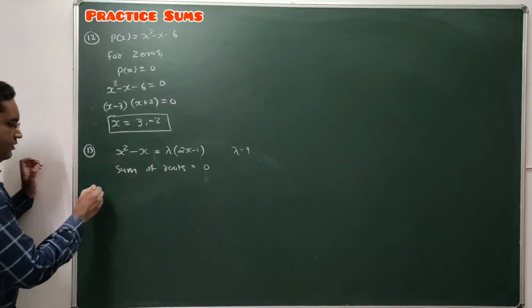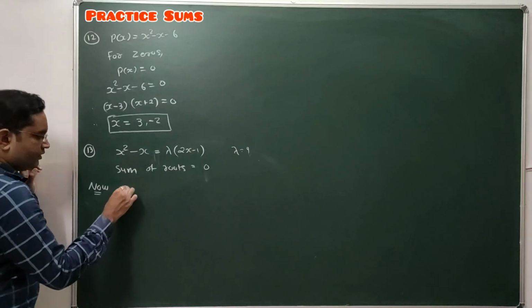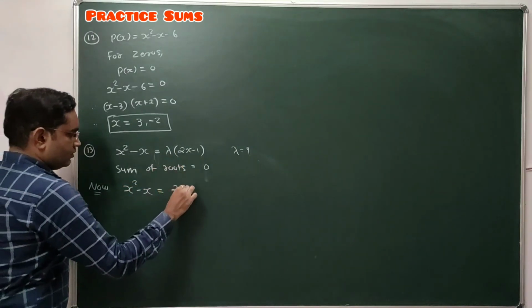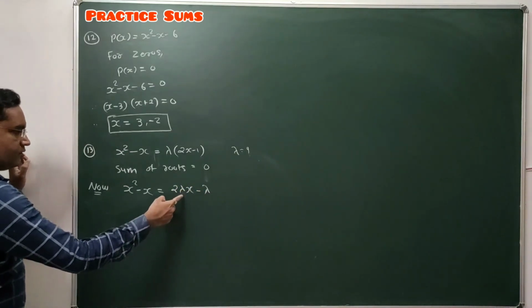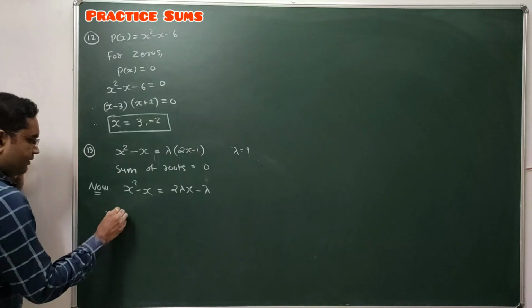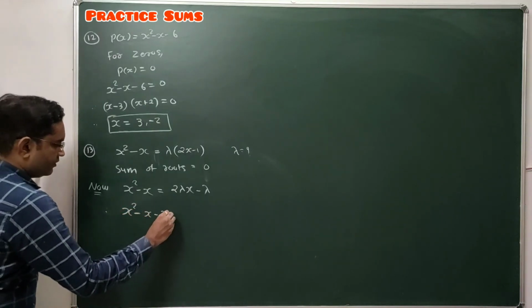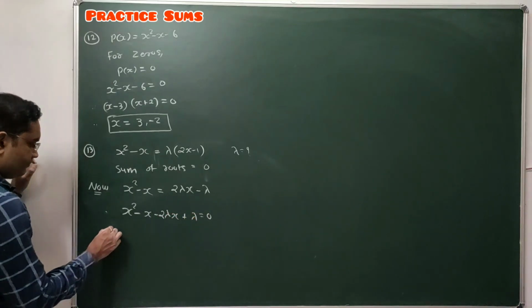So here the given equation is, writing in the standard form, x square minus x equal to 2 lambda x minus lambda. Taking both terms to the left hand side, it's x square minus x minus 2 lambda x plus lambda equal to 0.